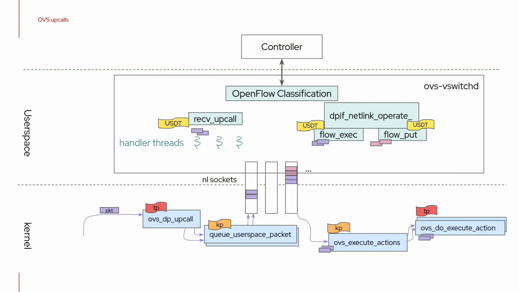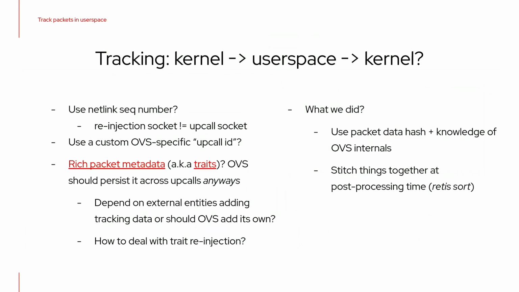Thankfully, there are USDT probes in user space, like user statically defined trace points, and normal kernel kprobes and tracepoints available to get the data needed.